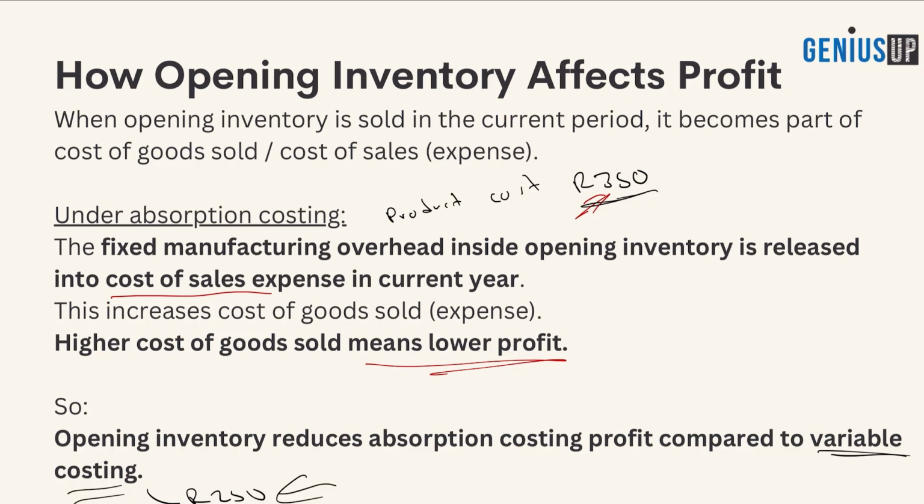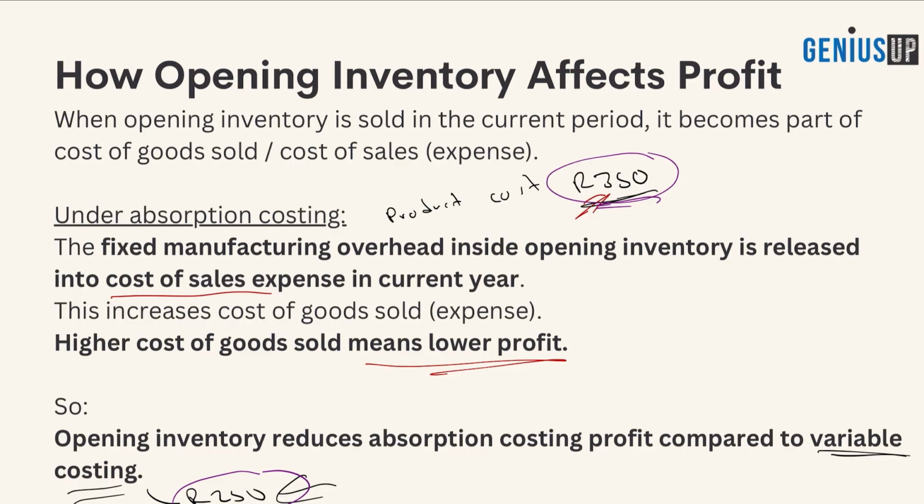So absorption costing profit will be lower, because we're expensing a higher amount than under variable costing.